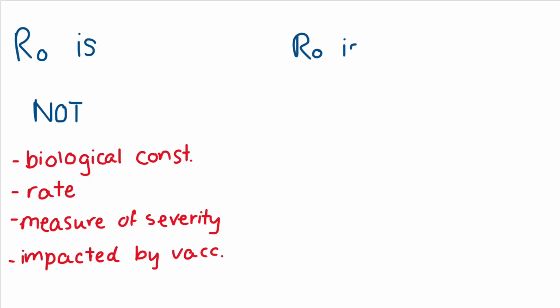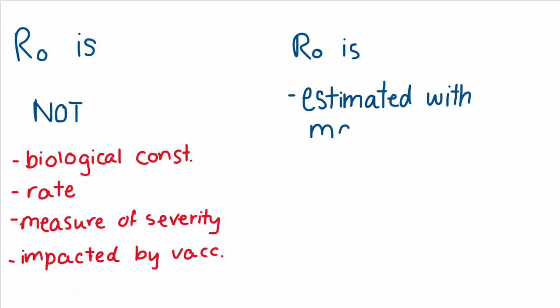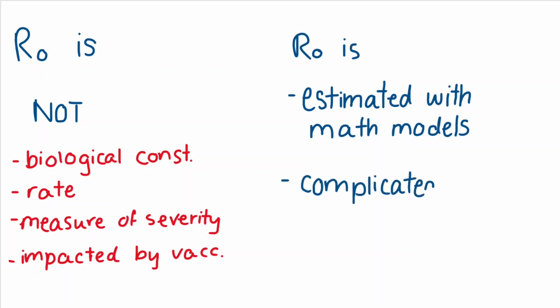R0 is rarely measured and typically estimated using mathematical models fitted to data. It is a complicated metric. I will come back to all these aspects later in the video, but now let's take a look at how we can estimate R0.